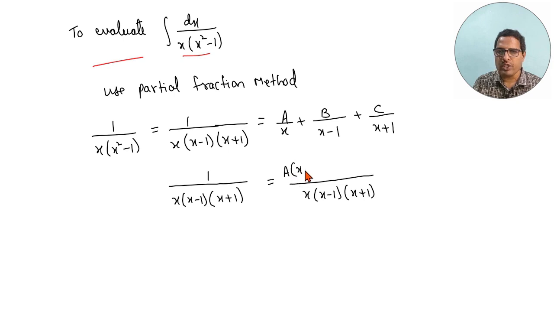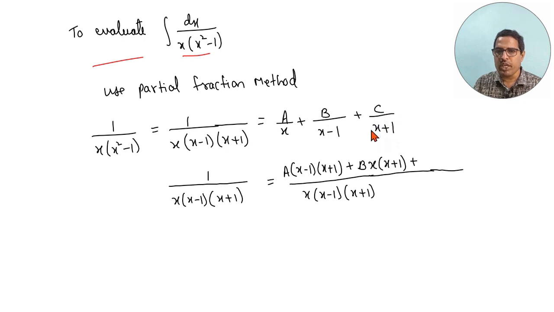Like you have (x minus 1) into (x plus 1) plus b into. Again, observe this denominator has x minus 1, and here also you have x minus 1. Eliminate this x minus 1 and write down the remaining terms, x into (x plus 1). Plus, here again it is c by (x plus 1).